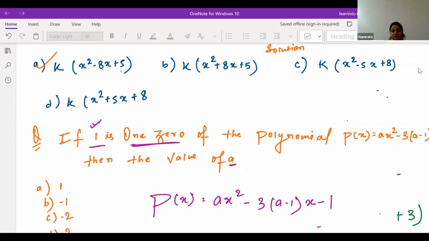Ma'am, is the answer -1? Minus 1 you have got. We will check it. Okay, ma'am. We will be solving it over here and we will check what the answer is. Both of you, are you getting -1 as a value? Yes, ma'am. Okay, let's check it.